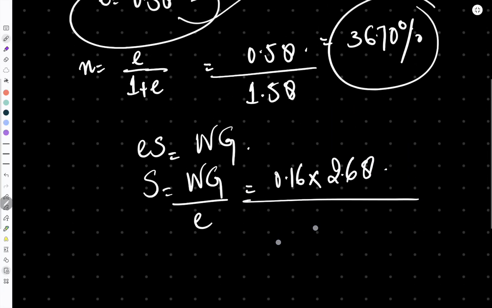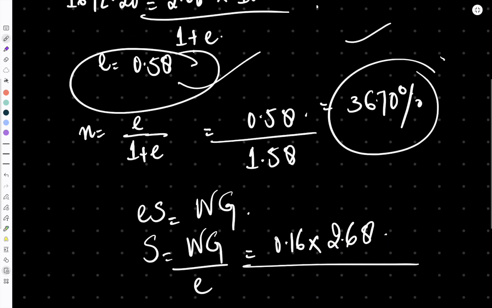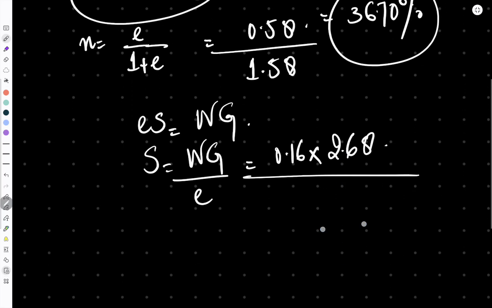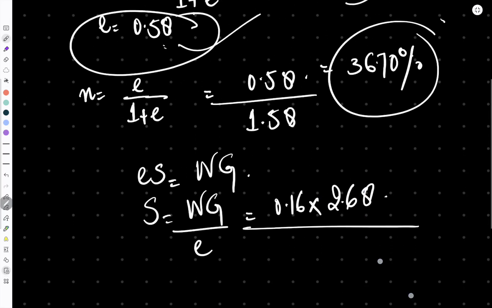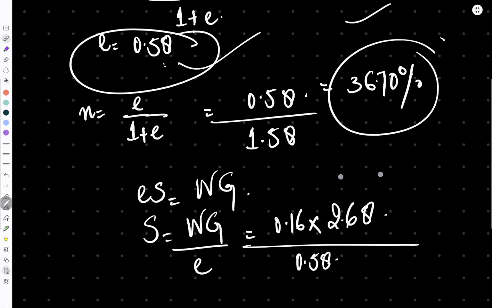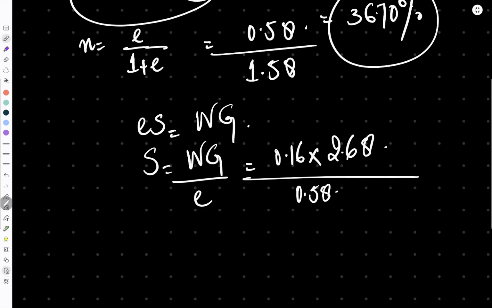And the void ratio we just found is 0.58. So degree of saturation is 0.16 multiplied by 2.68 divided by 0.58. By calculations, degree of saturation is 73.93%.